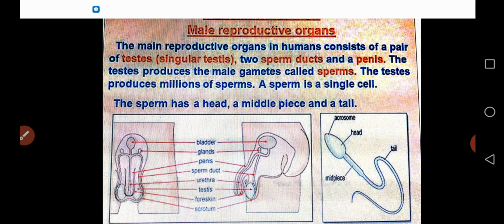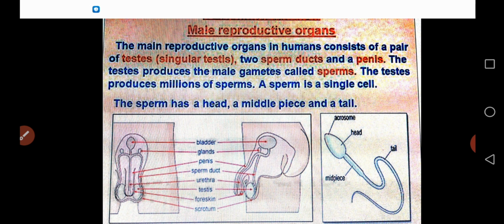Sexual maturity in males is what we call the puberty stage. In that stage, some changes take place in boys because of the very important sex hormone, testosterone.